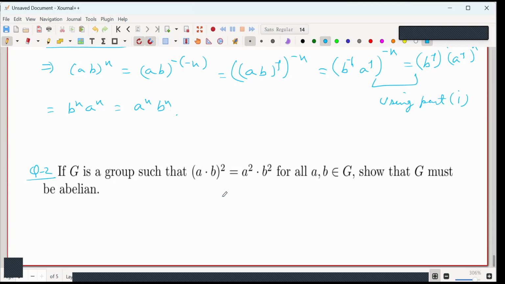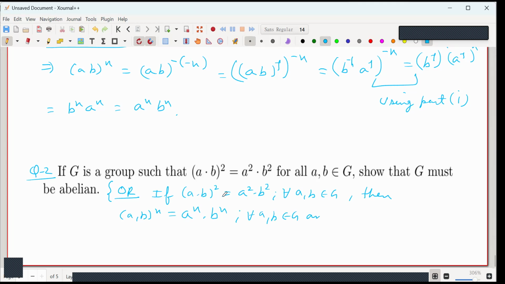So in other way, this question can be reformulated as: if (AB)^2 is A^2 B^2 for all A, B belongs to G, then (AB)^n is equal to A^n B^n for all A, B belongs to G and n belongs to the integers.